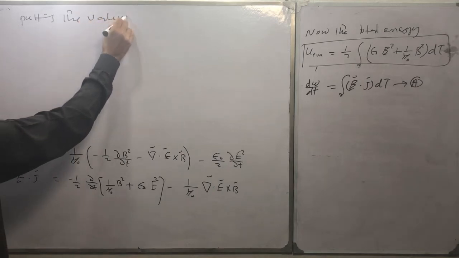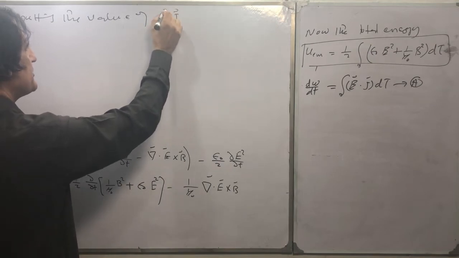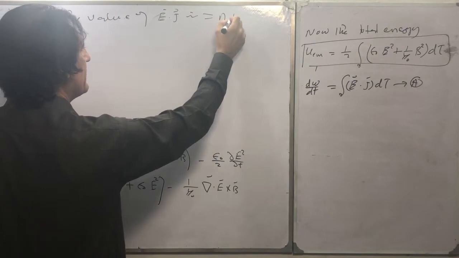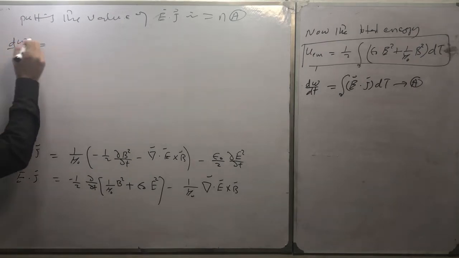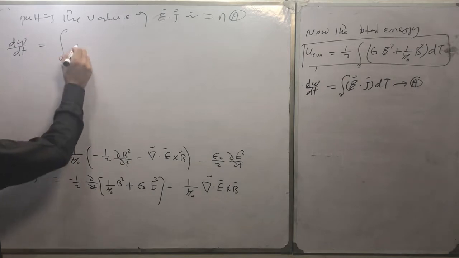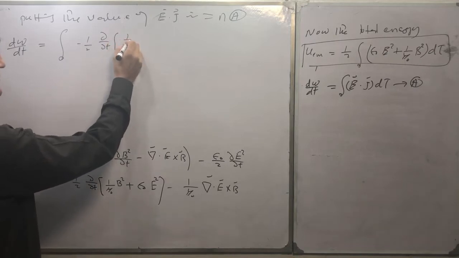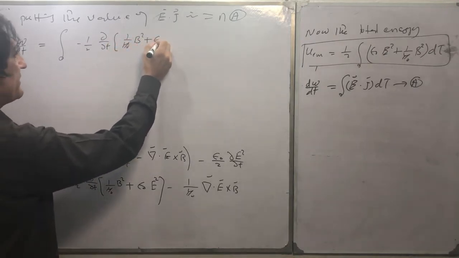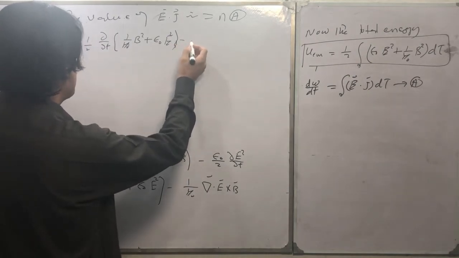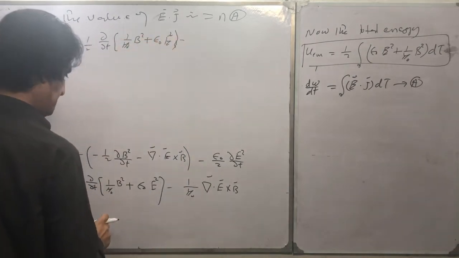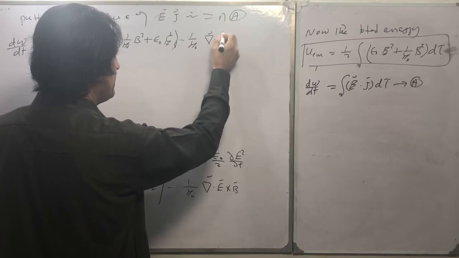It means that dW divided by dt equals the integral of minus 1 over 2 partial divided by partial t of 1 over mu naught B squared plus epsilon naught E squared, minus 1 over mu naught del dot (E cross B).